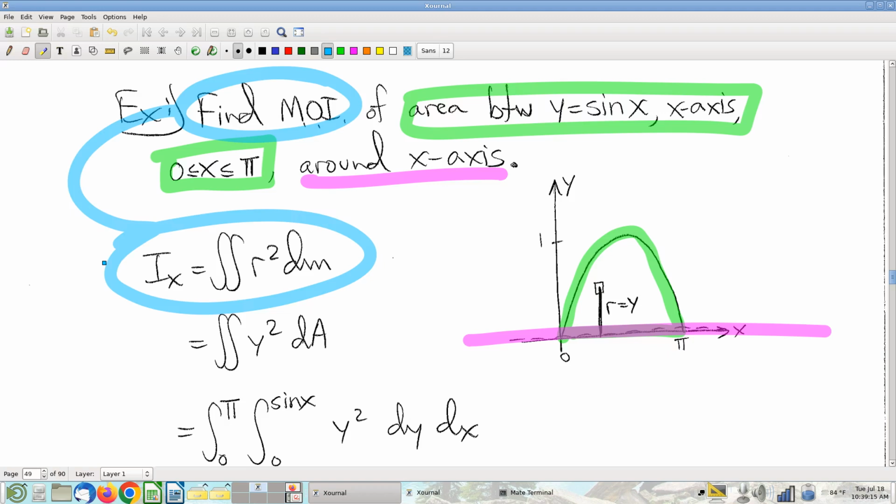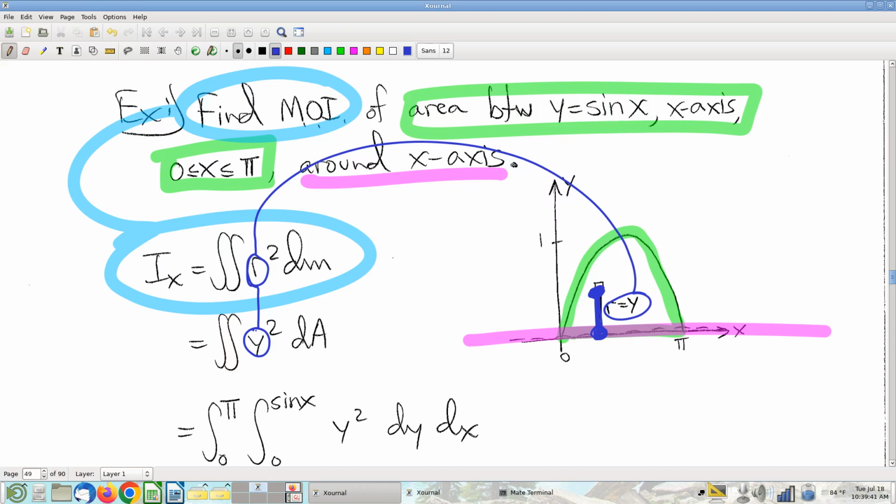And in this situation, I can see it in the picture here, r is this distance right there from wherever you are, x comma y, to the nearest point on the axis. And in this case, sometimes the picture is really nice, and I think in this case it's pretty clear that r is just y. Is that cool? Is everybody happy?